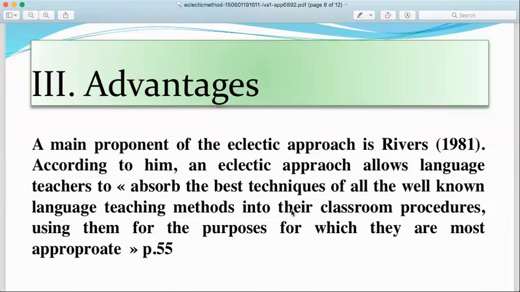And the learners in eclectic classrooms are active participants, right? So she has to perform a lot of tasks, but before the class, she should be organizing the material and designing classroom procedures, and then during the class, she should be guiding the students to perform that. But the students are given a lot of freedom.